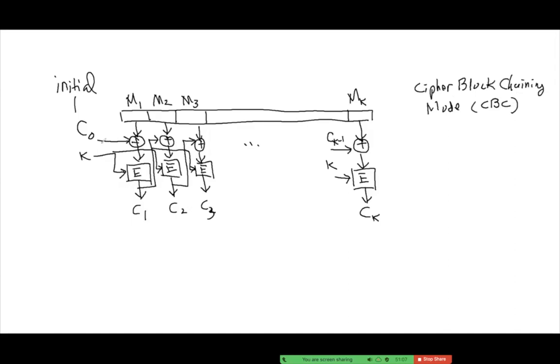So the chaining part is because you are using the previous ciphertext block.